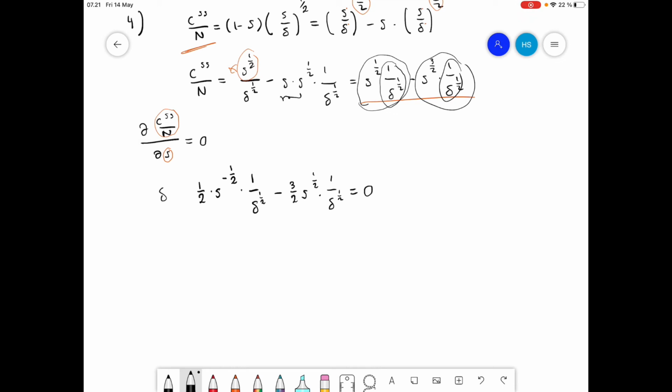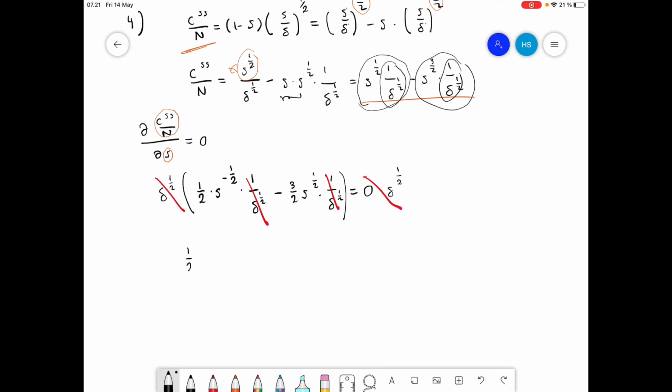Now we multiply by delta to the power of 1/2 on both the left hand side and the right hand side. If we do so, this cancels out with this here, and this here is simply a 0.